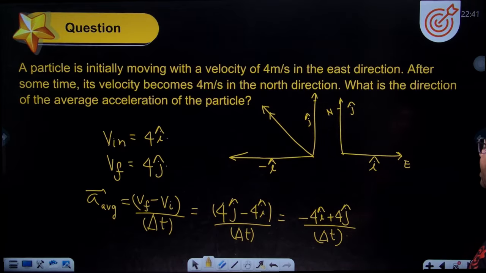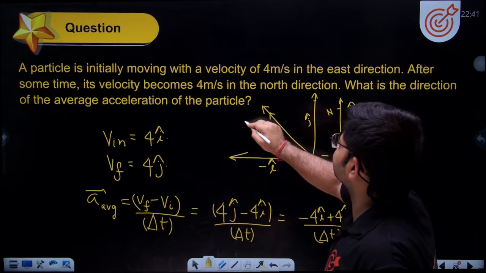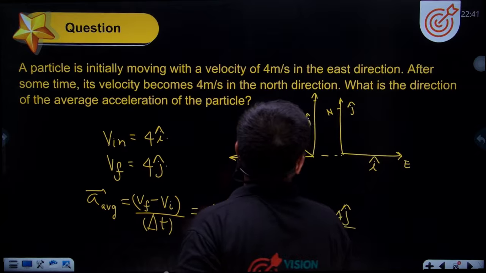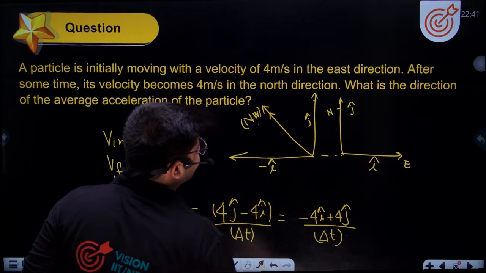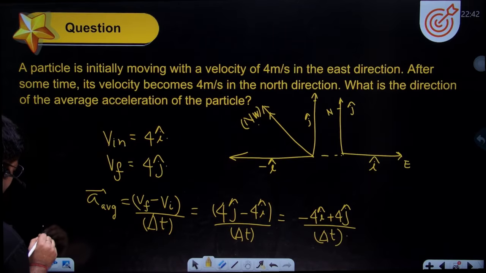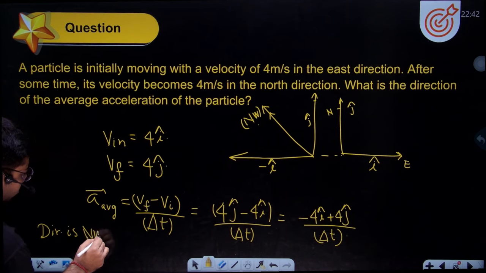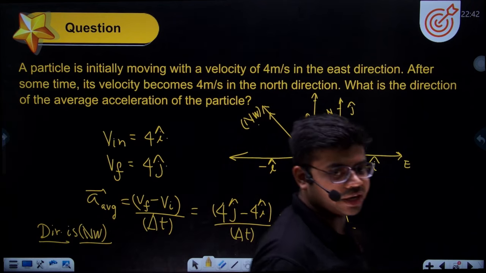This is going to be the resultant, which is northwest. So what is the direction of the average acceleration? The direction of the average acceleration is in the northwest direction. Okay, so this is how we can find it out.